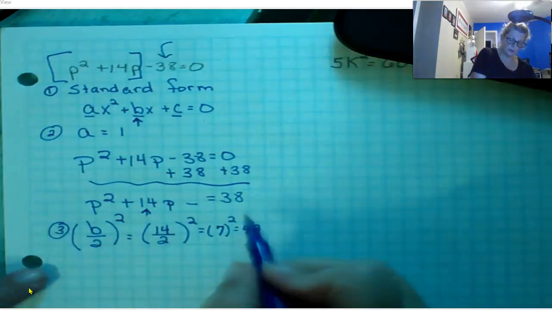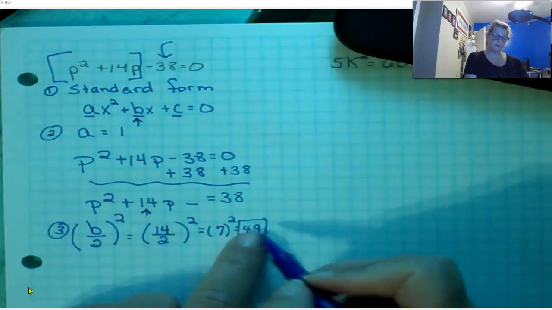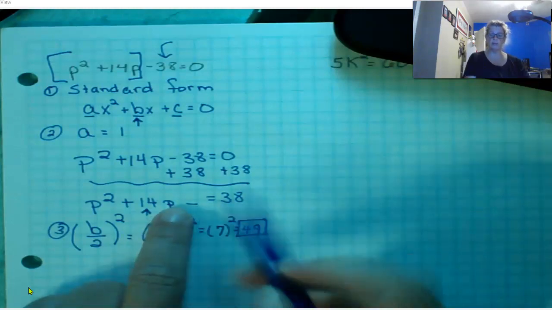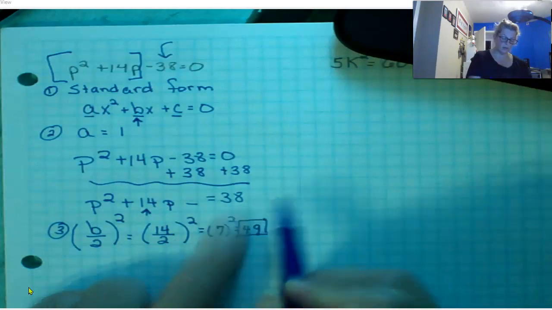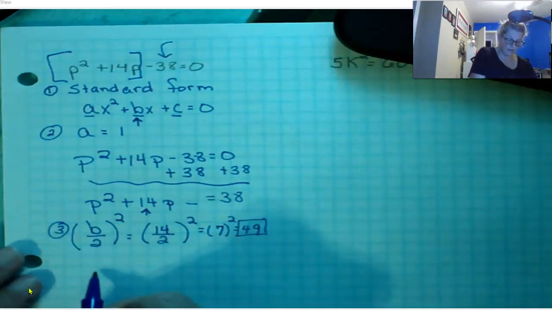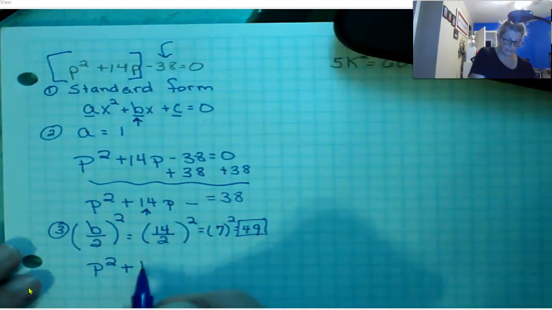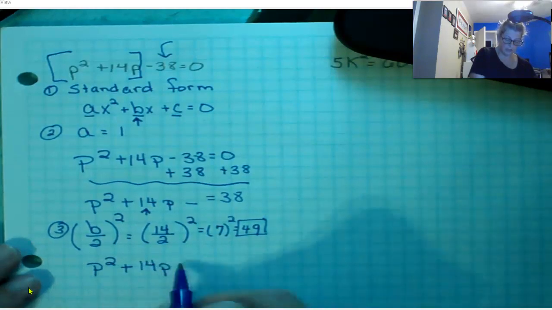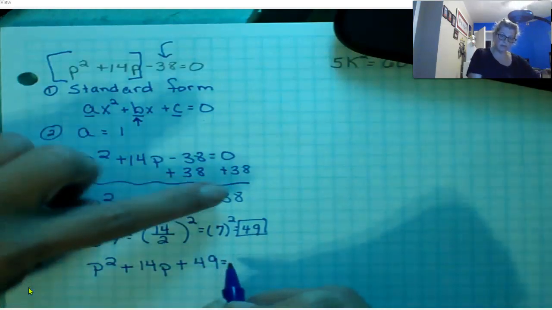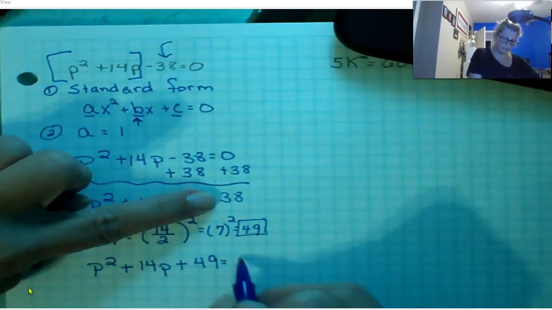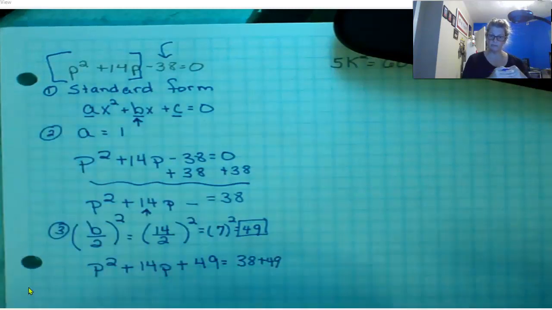So we're just going to substitute that value in. But remember, once we put that value on this side, in order to keep our equation balanced, we got to do it on the other side as well. So we have p squared plus 14p plus 49 equals, we have a 38 here, so 38 plus 49.